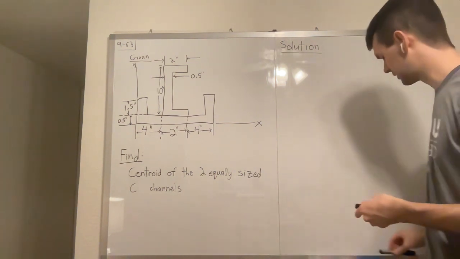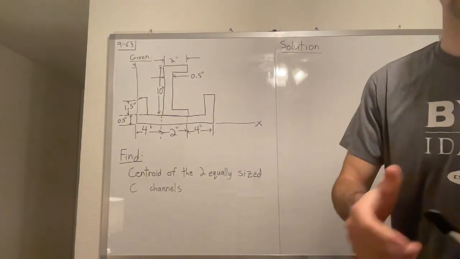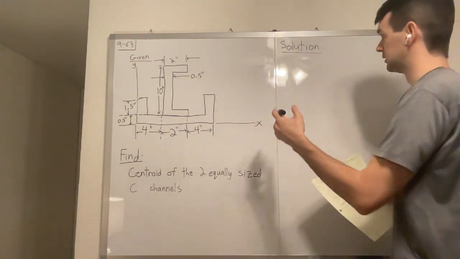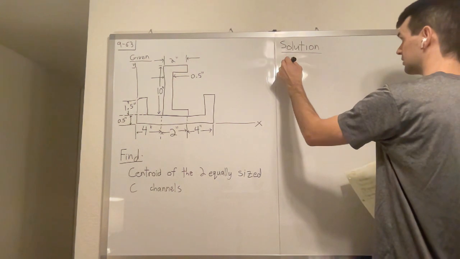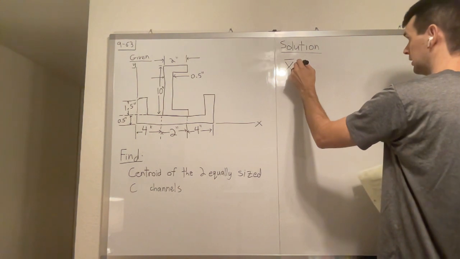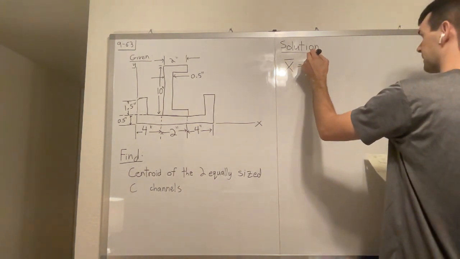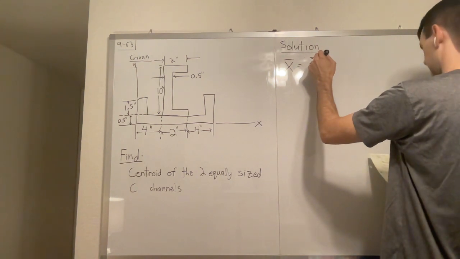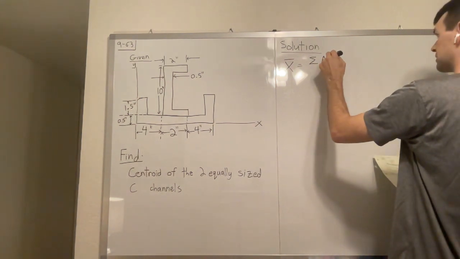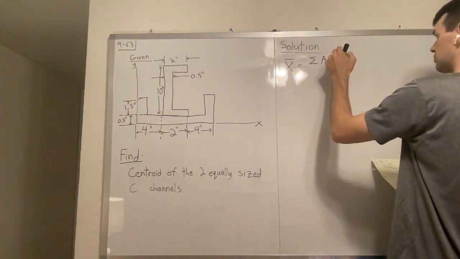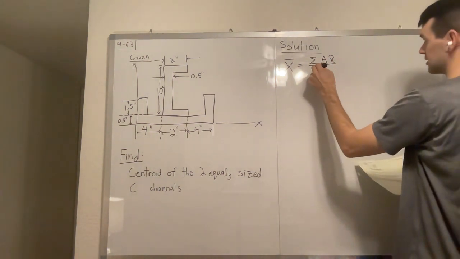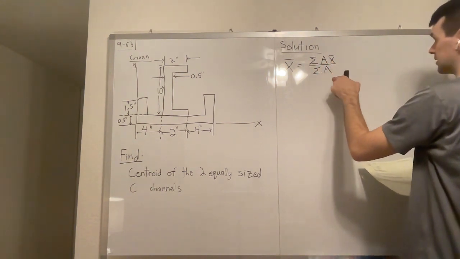The key equation we're going to use is for the centroid of a shape. We're going to do it for both the x and the y centroid. If we're looking at x, the centroid in x, which we represent by this little bar, x bar, equals the summation of the area of our individual component shapes times the centroid of that individual shape, which we represent with this little tilde, all divided by the summation of the area of our individual shapes.